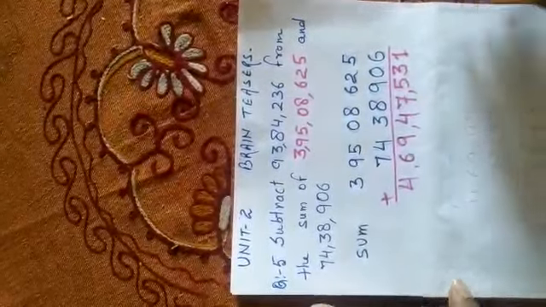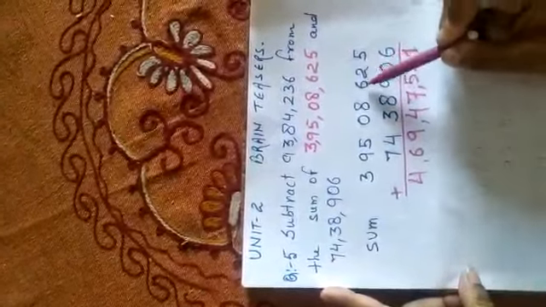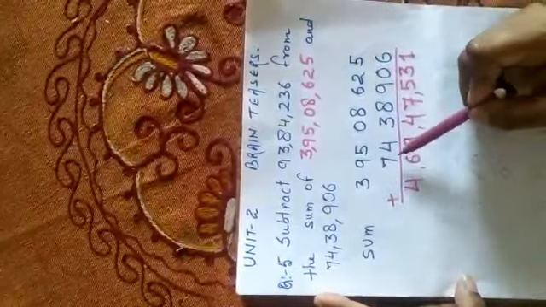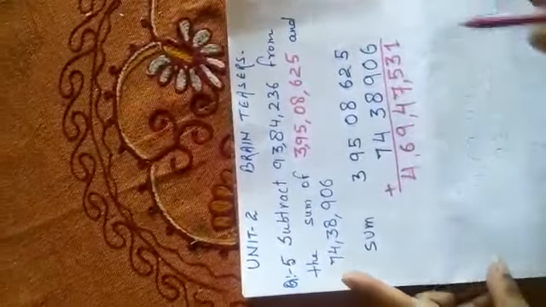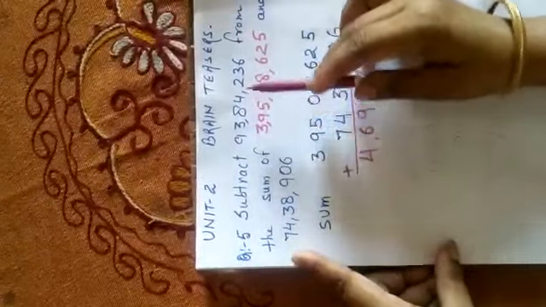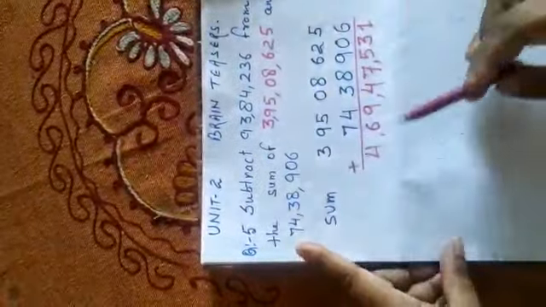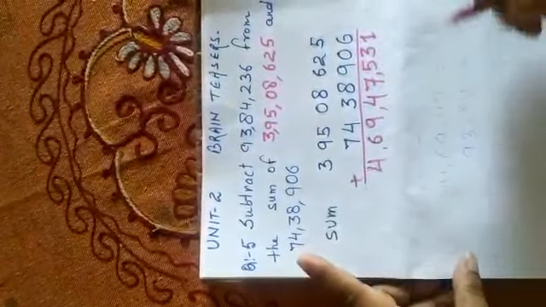47,531 is the sum of 3 crore 95 lakh 8,625 and 74 lakhs 38,906. Now we have to subtract 93 lakh 84,236 from 4 crore 69 lakh 47,531.